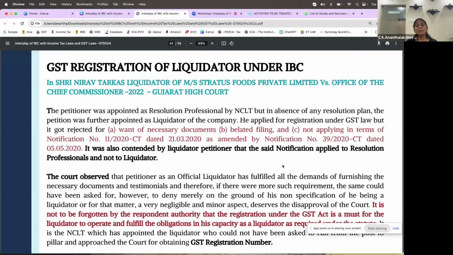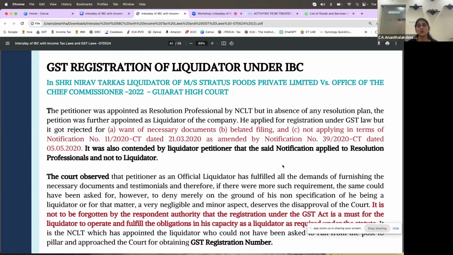This RP, by mistake, hadn't obtained GST registration when he was an RP. Now he is appointed as the liquidator, the same person, and he has applied for a GST registration number. The concerned person in the department got quite angry, it seems, and rejected the application.